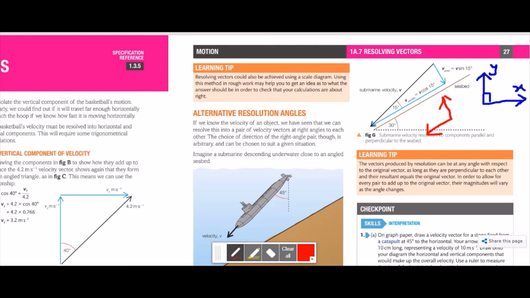So we can call this coordinate system y1 and x1. And there's an angle of 90 degrees between them. So now you can see that the velocity arrow is still pointing along the negative y1 direction. However, it is pointing along the positive x1 direction.